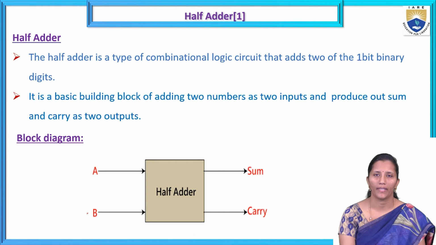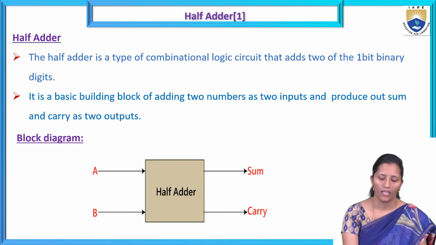So what is half adder? Half adder is a type of combinational logic circuit where two numbers will be added. Each number will be represented as a 1-bit binary number. The outputs of the half adder will be sum and carry. Here A and B are the inputs.